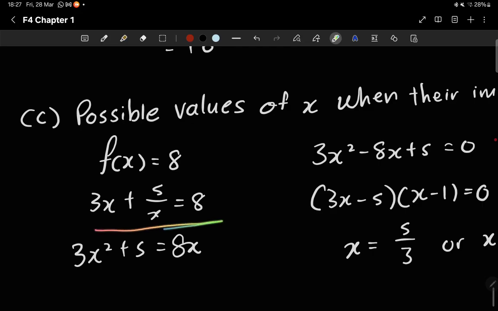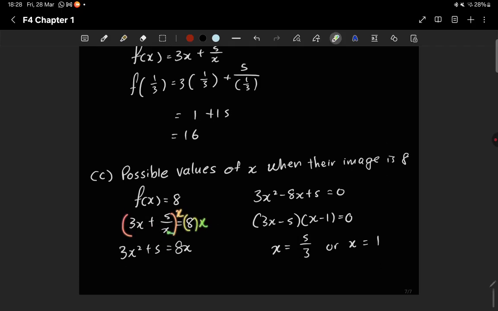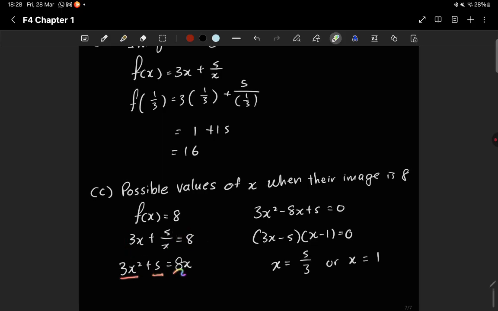And we can rewrite this equation, where we get 3x plus 5 over x is equal to 8. Now, as you can see here, this is an algebraic problem which we can actually solve. So all we have to do is multiply each side by x to remove the x from down here to get 3x squared plus 5 equal to 8x.